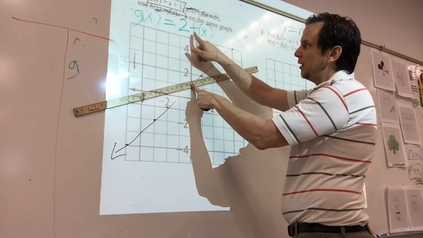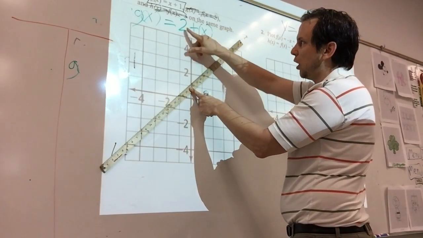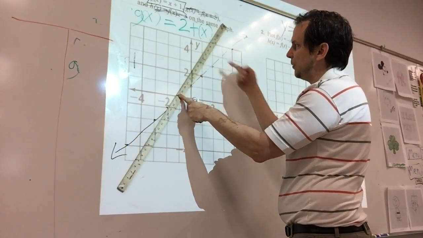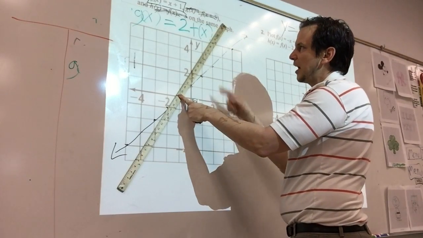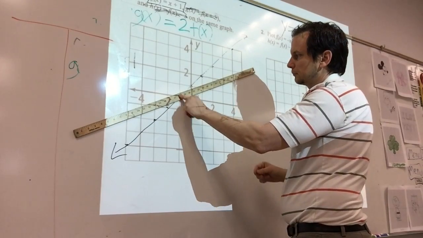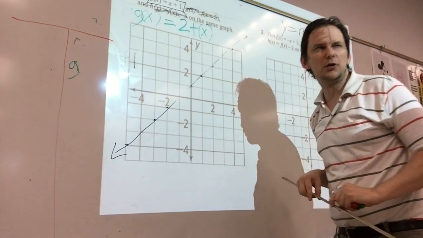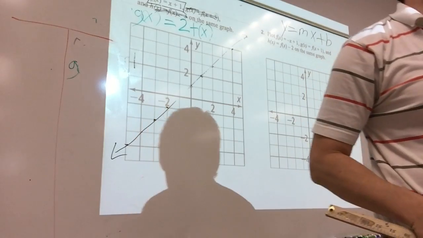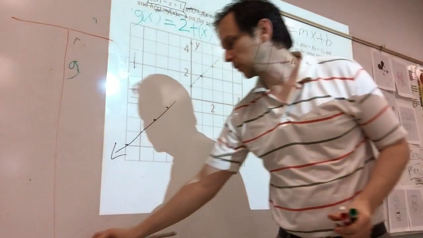Okay? And since it got bigger, because it was 1 and now it's 2, it got steeper. If that had been like 1/2 or something smaller, it would have gotten flatter. Okay? How's that? It's a little more, but it's more doable, right?